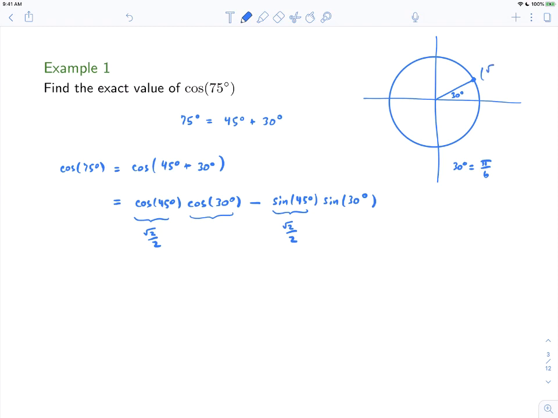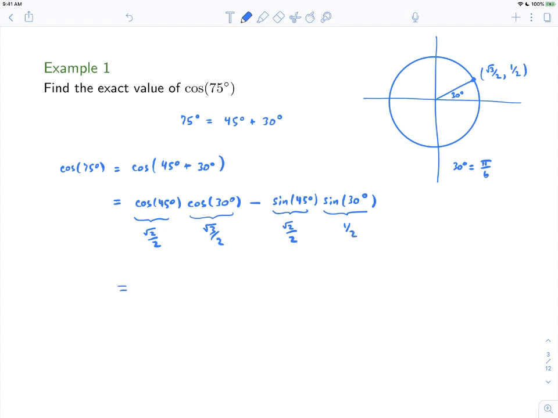So it's going to be square root of 3 over 2, comma 1/2. If it was 60 degrees, or pi over 3 radians, that would be reversed. So cosine of 30 is the x-coordinate, so that's square root of 3 over 2. And then sine of 30 degrees, that's the y-coordinate, so that's 1/2.